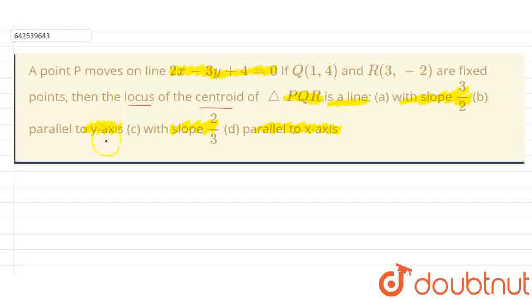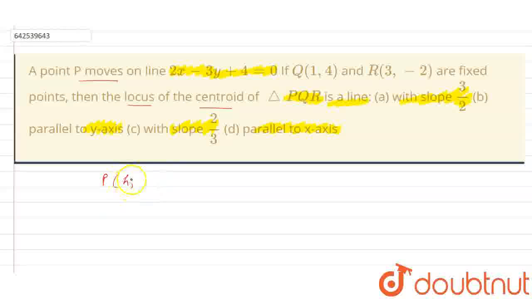All right, so let us find out the equation first and then we'll find out the slope of the locus. First we'll find the equation for the locus, then the slope, and then we'll match our options. So let us take this point P as (h, k). Or rather, don't take it as (h, k).